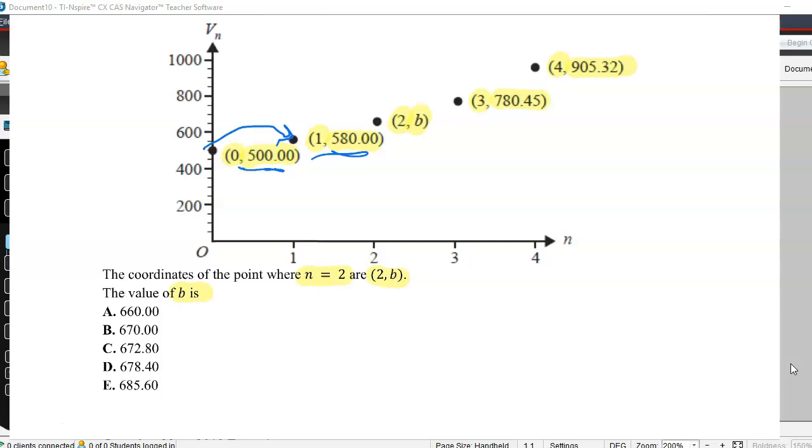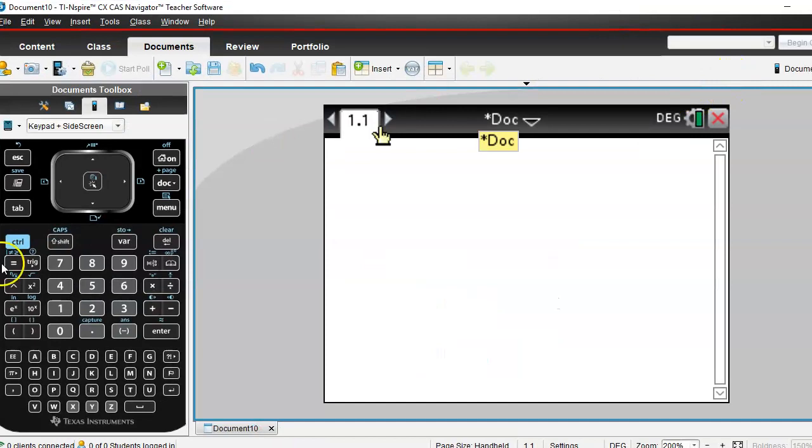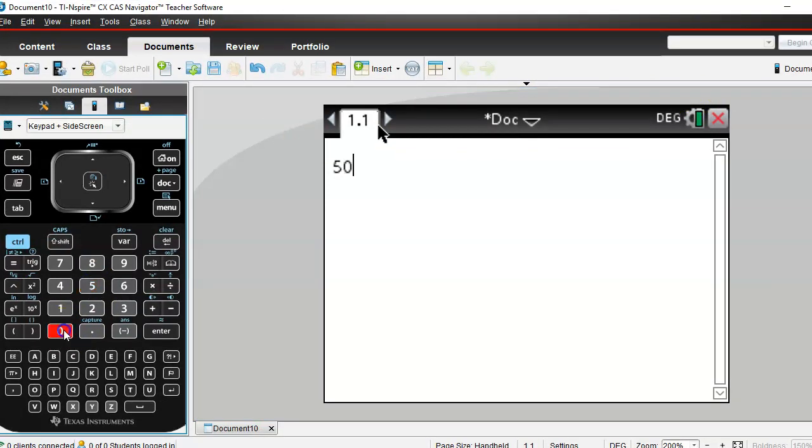Okay, so we've got 580. If I divide it by 500, let's bring up the CAS, 580 divided by 500, approximately equal to four decimal places, equals 1.16.